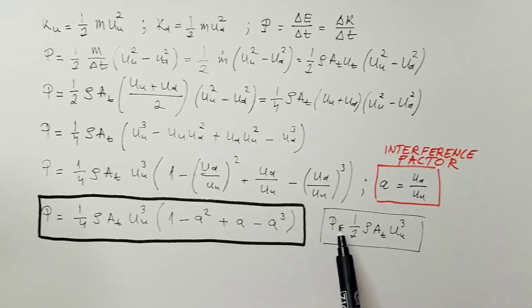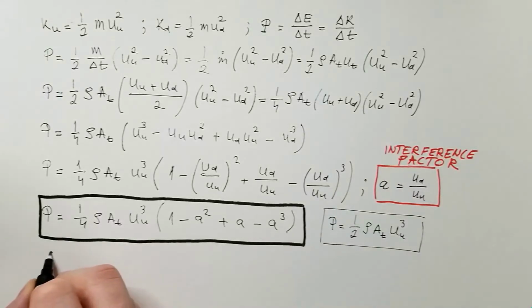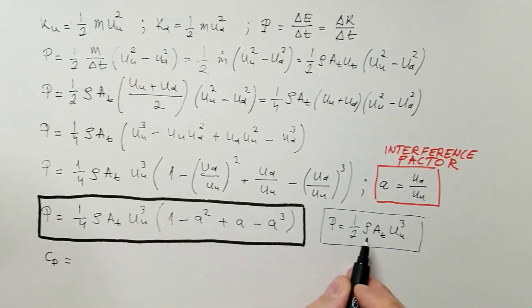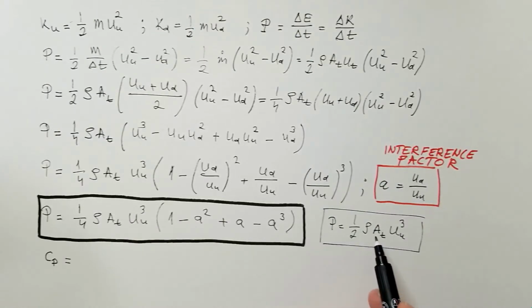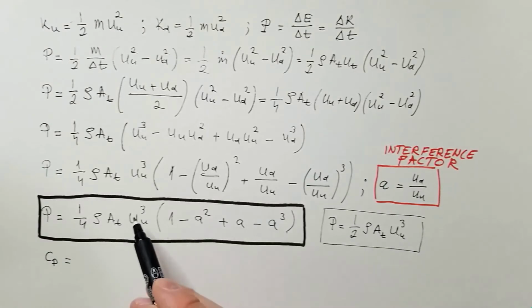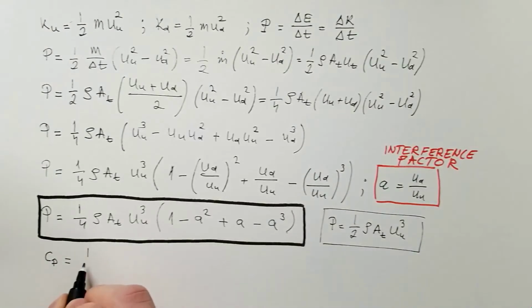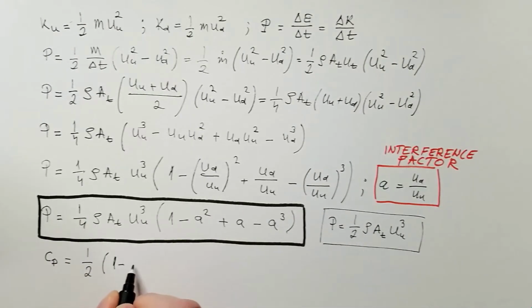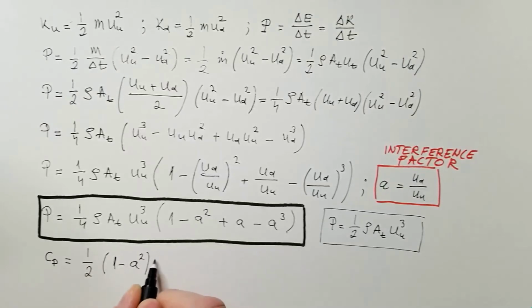So, when I make a ratio of these two, I will get something that is called C_p, which is power coefficient. This is capital P, so don't confuse it with pressure coefficient from wind engineering. So, power coefficient is therefore this divided by this. We can see I can cancel rho A_T, and I can also cancel U upstream cubed with this to get 1 over 2, because 1/4 over 1/2 is 1 over 2, 1 minus a squared, 1 plus a.